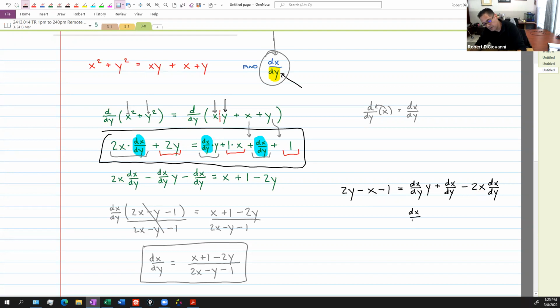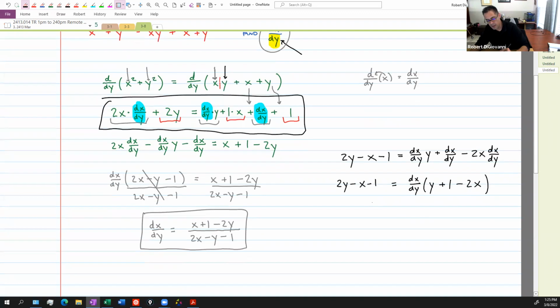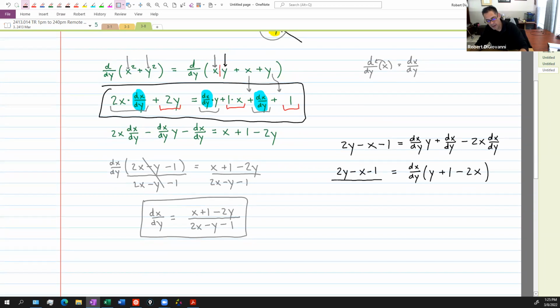Factor out dx dy from the right, we get y plus 1 minus 2x equals 2y minus x minus 1, and then divide both sides by the thing in parentheses on the right. So divide through by that and it would cancel. You get dx dy. I know I'm moving fast here. Is this.